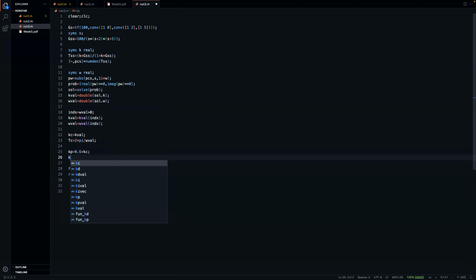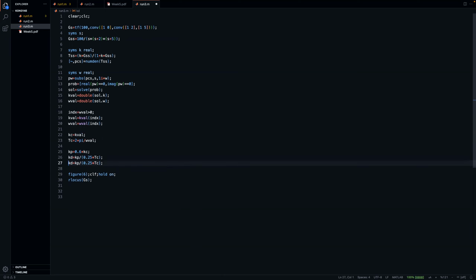And I don't remember, k is probably kd. We'll see. It should be kp divided by 0.25 times T critical. I don't really remember. Times T critical, and ki is something like 0.125. Something like this. I will look it up if it's not working. And there we go. You have the controller.